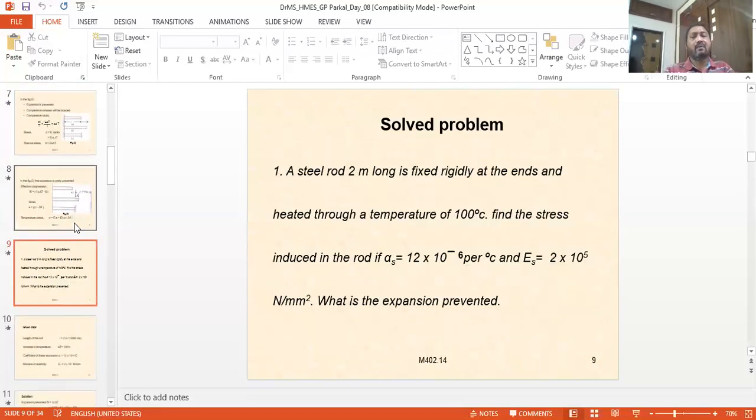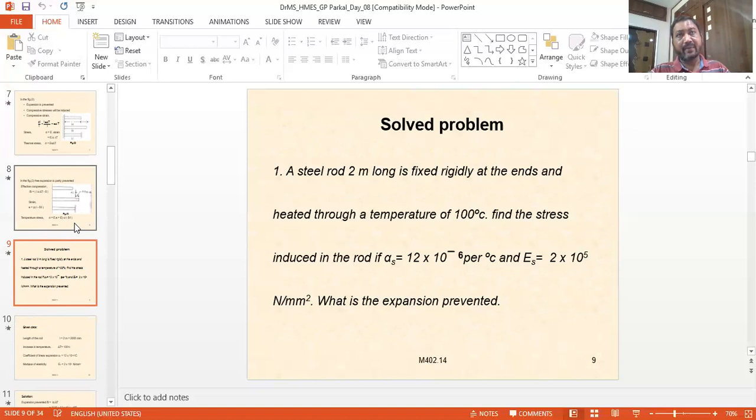Now we would like to solve some problems on this temperature stress to have a better understanding of the concepts. Now we must note that whenever a body is subjected to an increase in temperature and that free expansion is avoided, then it is subjected to compressive force.